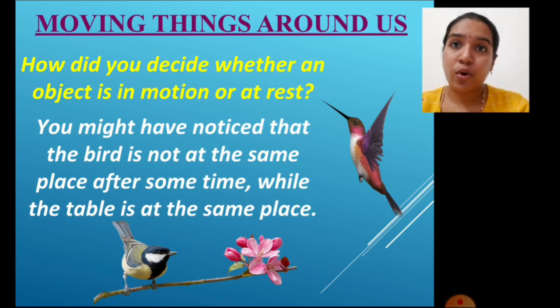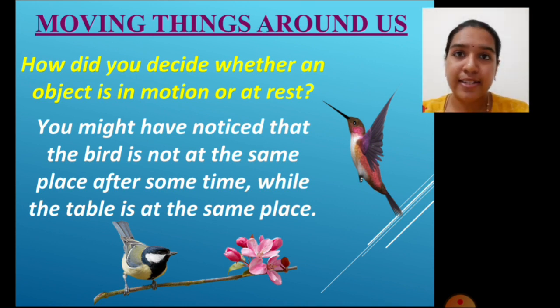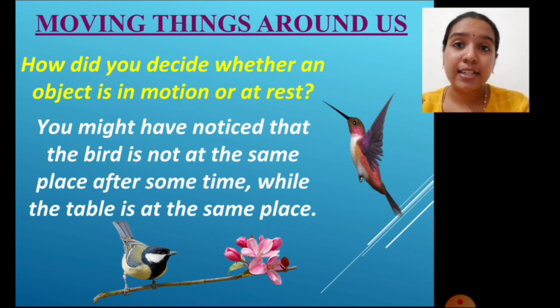Children, we have also observed that all those objects we see that do not move also show some movement at some point of time. For example, a ceiling fan. When we switch it off, it does not show any movement, but that does not mean it is not capable of moving.